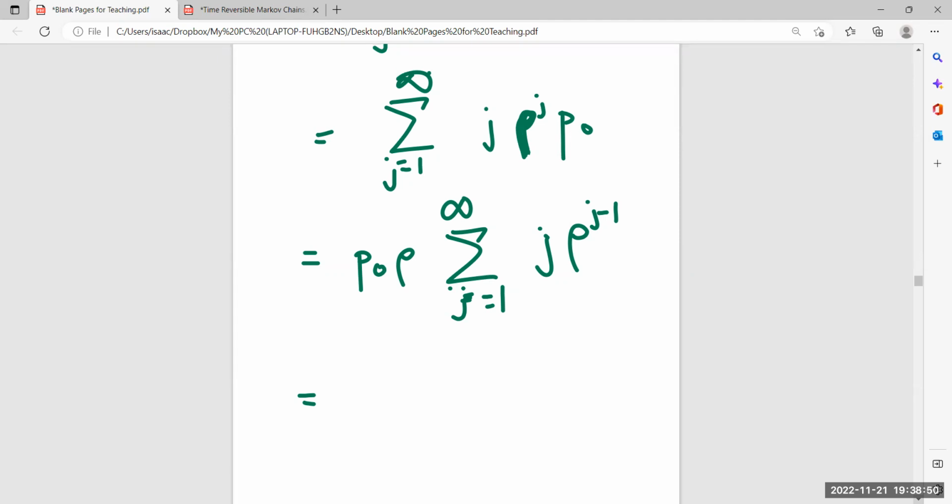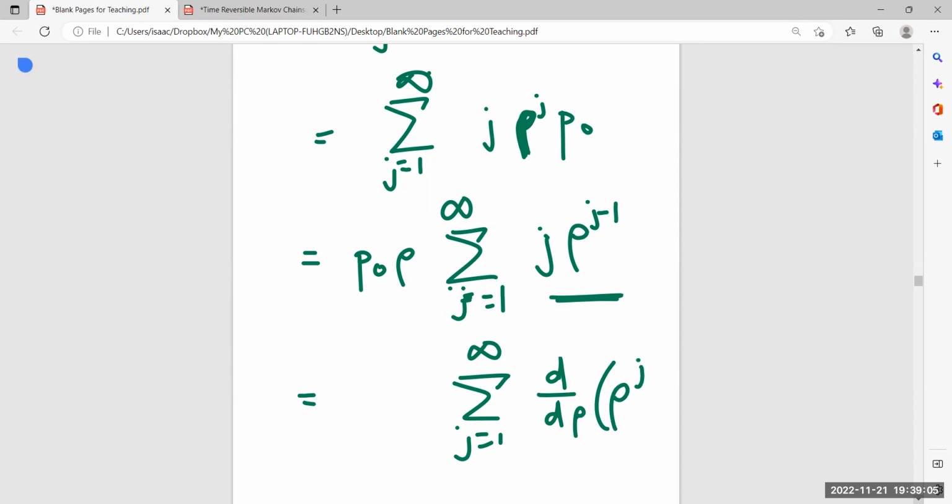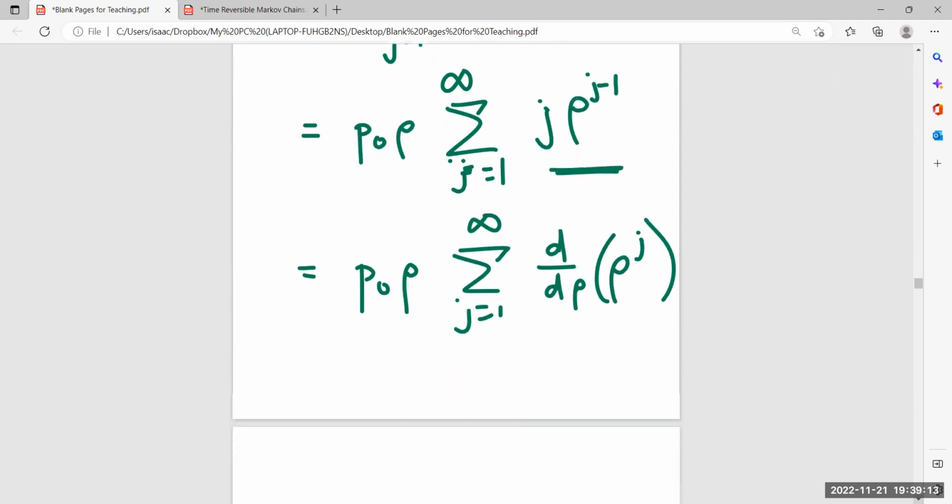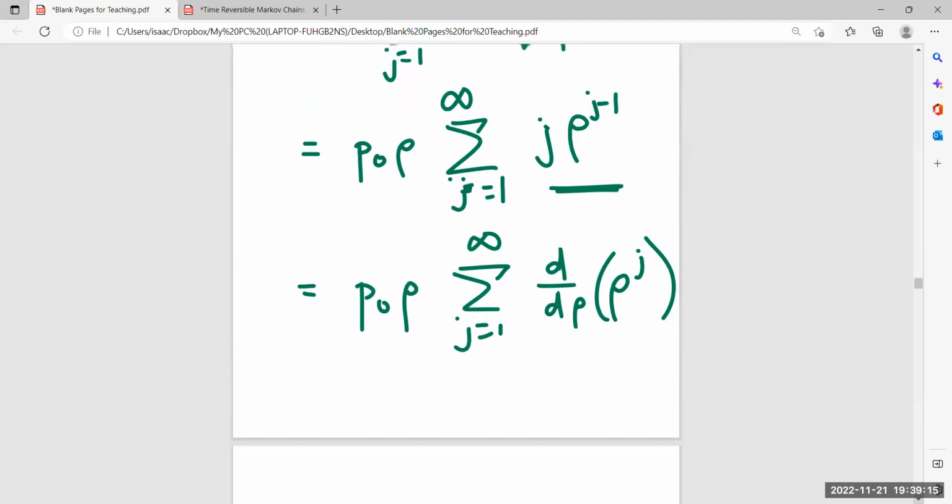Right, so now what I notice is that this part here is the derivative of rho to the j, right? If I differentiate this with respect to rho, this j will come here, and this will be j minus 1, right?